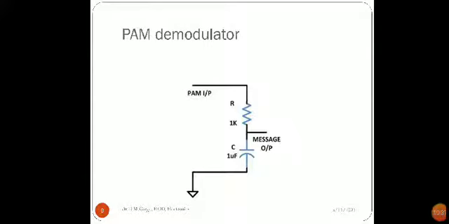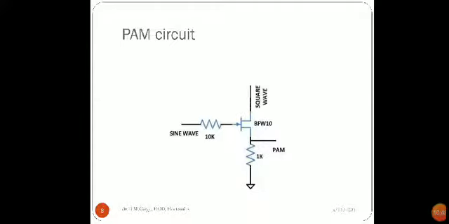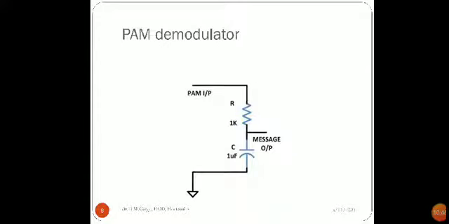So that is one of the advantages. Another point is that if you look at the transmitter or say PAM modulator and demodulator circuit, you can see that they are simply made up of very simple components like R and C and field effect transistors. So complexity is not there. So these are the advantages of pulse amplitude modulation.